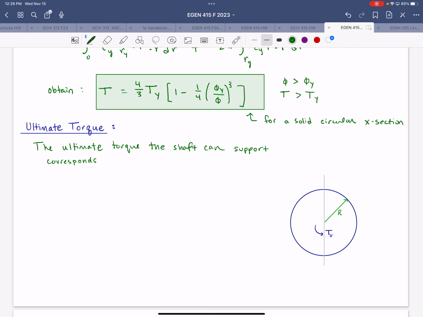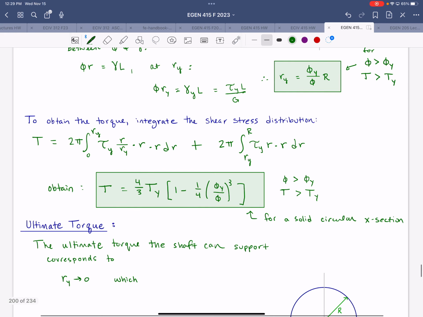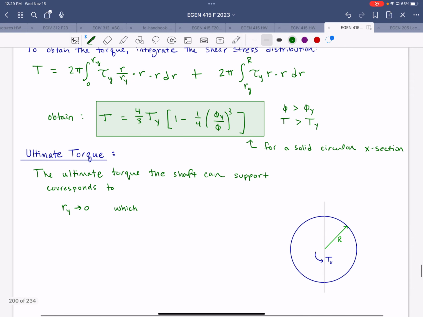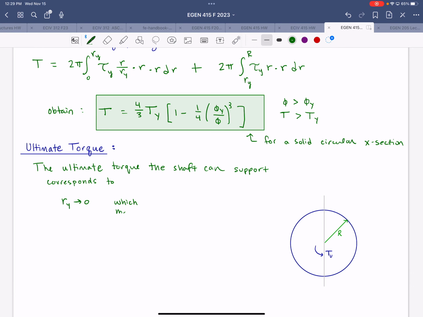So the entire cross-section has yielded, so that yield radius doesn't exist anymore. And if we look at our relationship above between the yield radius and the angle of twist, that means our angle of twist is approaching infinity.